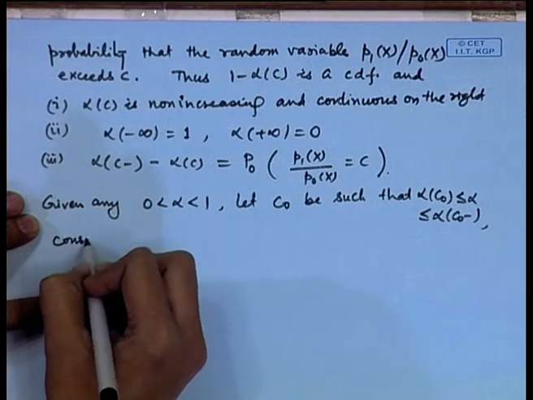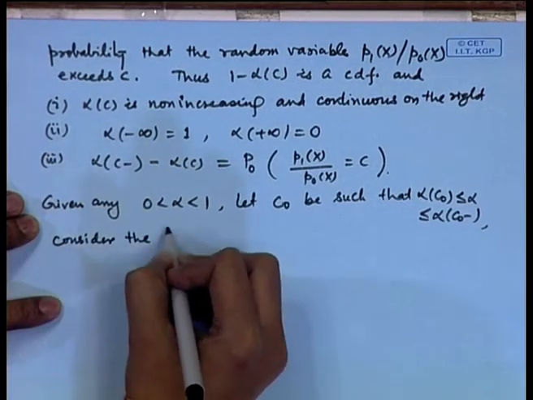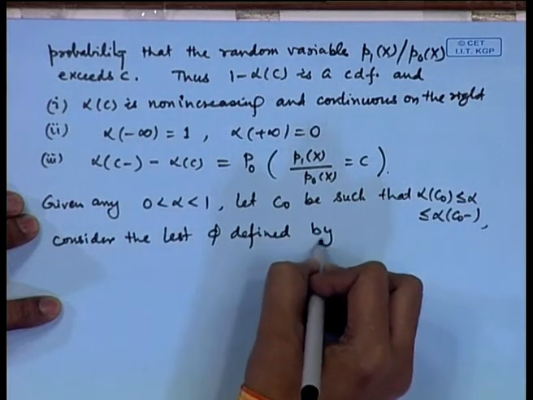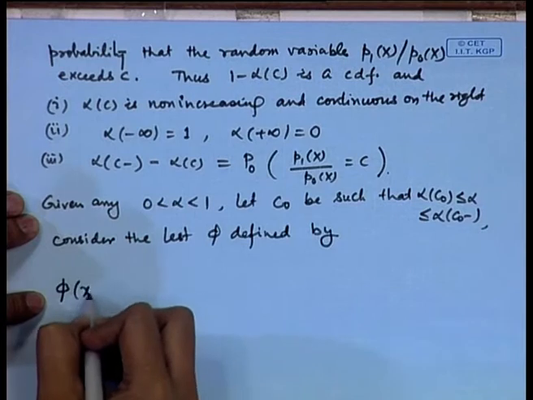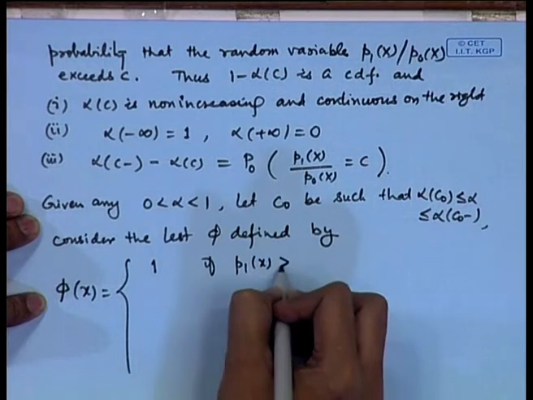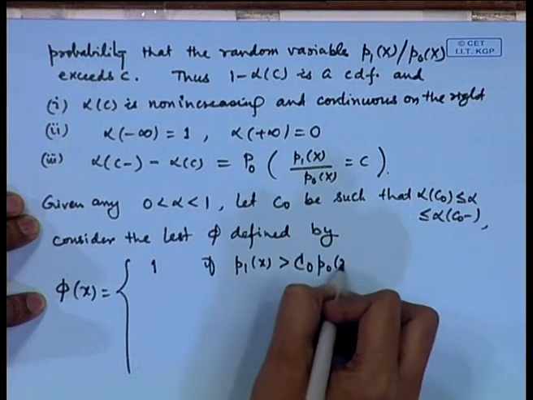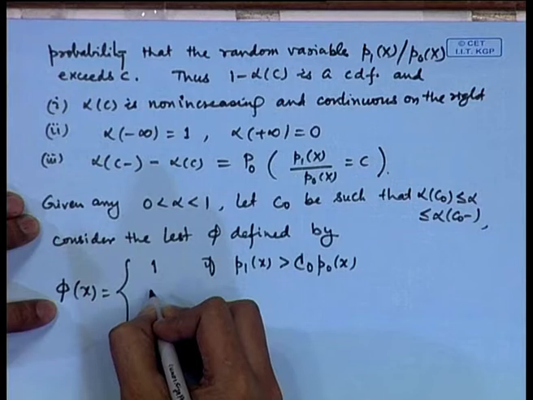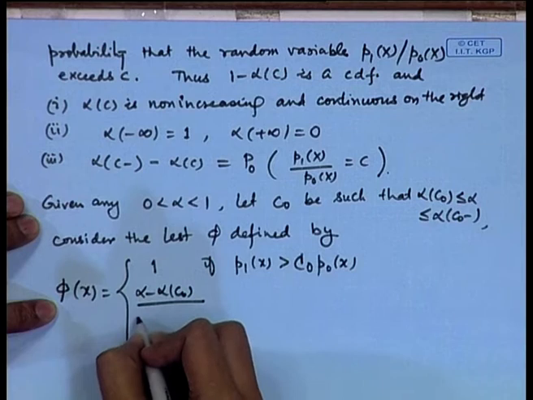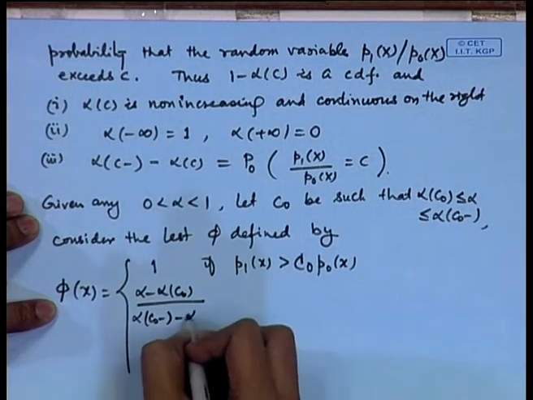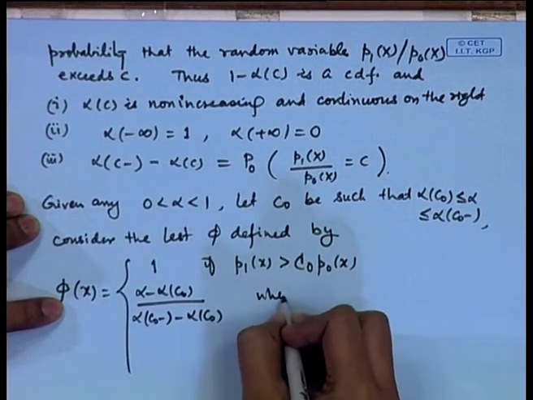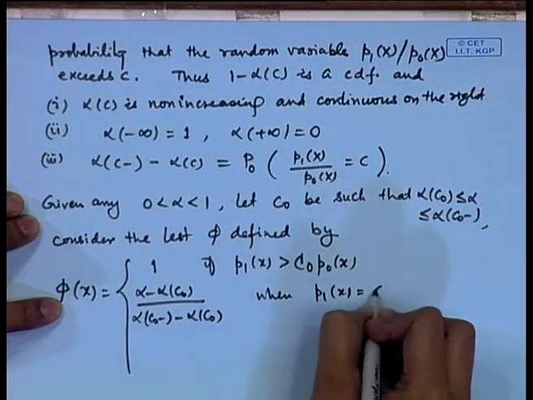Consider the test phi defined by: phi x is equal to 1 if P 1 x is greater than c naught P naught x, and it equals gamma, that is alpha minus alpha c naught divided by alpha c naught minus alpha c naught, where the denominator denotes the left hand limit at c naught, when P 1 x is equal to c naught P naught x.